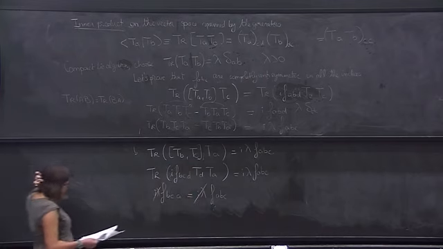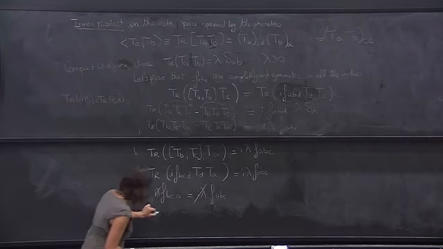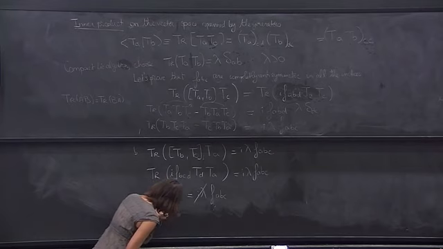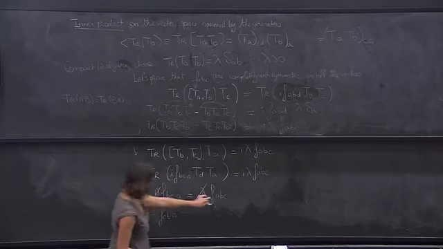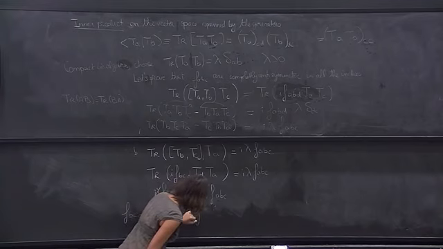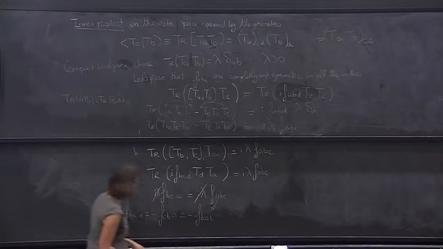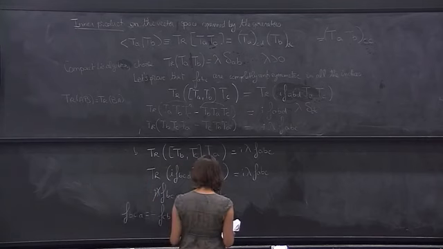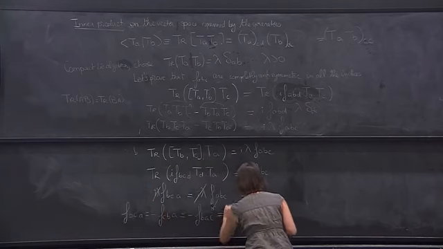And since the structure constant is antisymmetric in the first two indices, what we get is that this term F B C A is also minus F C B A. And this other term here, which is also minus F B A C, comes from using the antisymmetry of the first two indices.